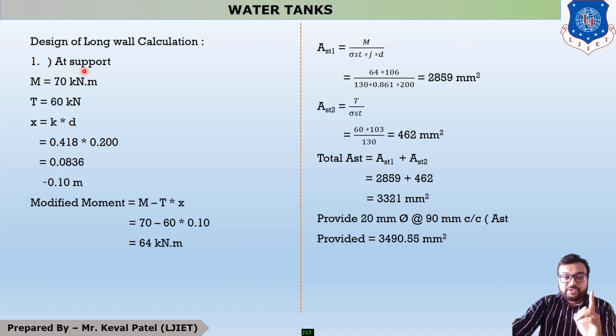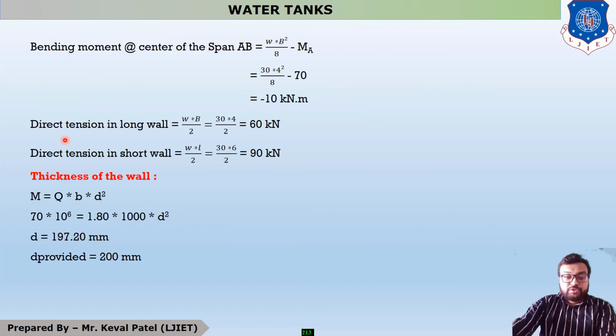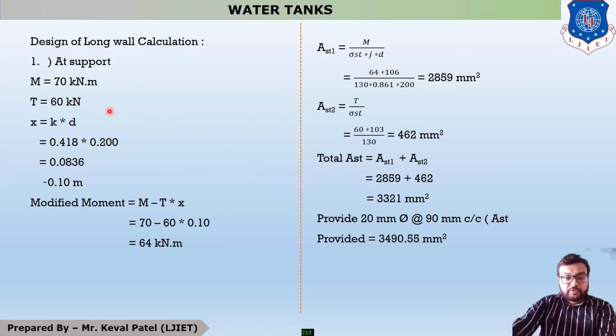So the first calculation is at support. What is the value of moment at support? The value of moment at support is 70 kilonewton into meter. Now T means tension. So we have to design for the long wall. What is the value of tension in long wall? It is 60. Now X means CG.